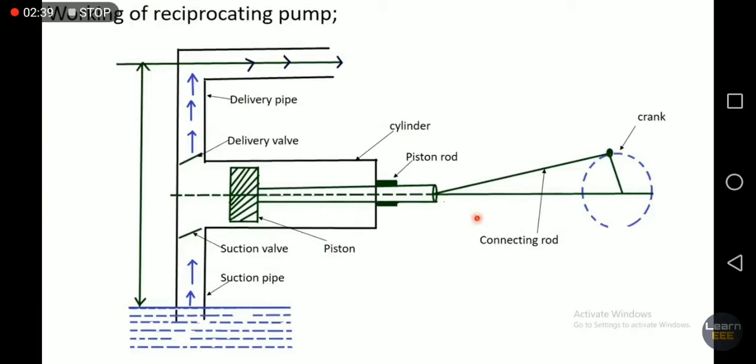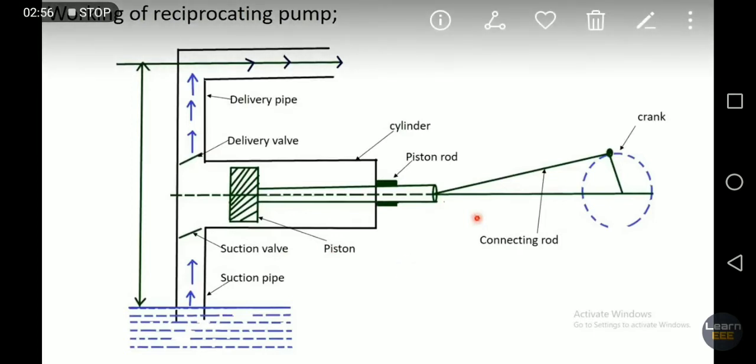How does it work in a reciprocating pump? Here the crank is rotated with the help of the prime mover. Once the crank is rotated, through the connecting arrangement the piston moves. Right hand side is the crank side, left hand side is the pipe side.